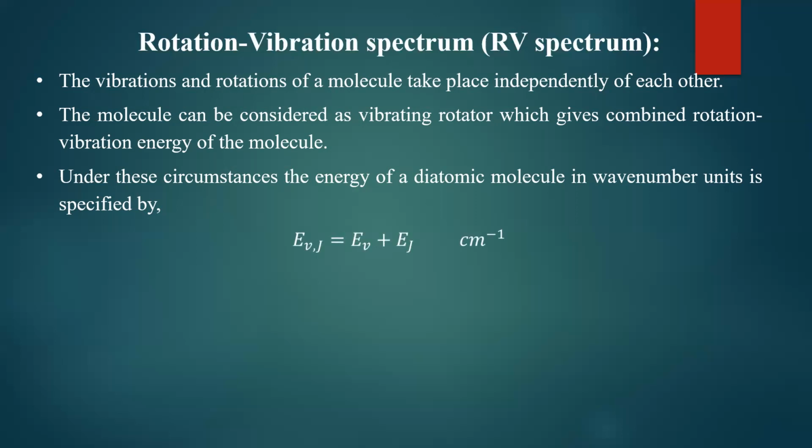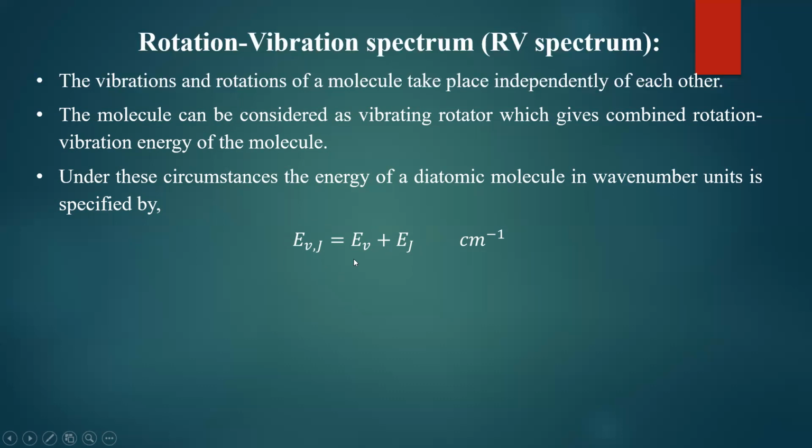So total energy E(V,J) is equal to E_V plus E_J in centimeter inverse, where E_V is the vibrational energy, V stands for the vibrational quantum number, E_J is the rotational energy, where J stands for the rotational quantum number. So E(V,J) represents the total energy of a vibrating rotator.